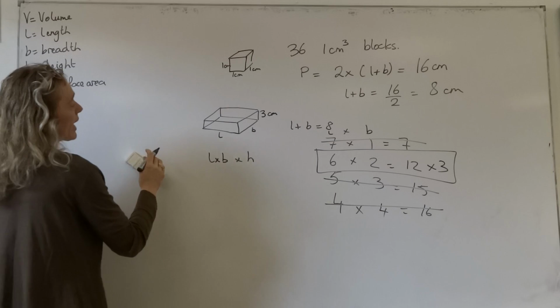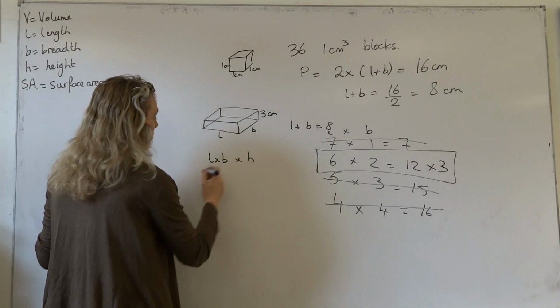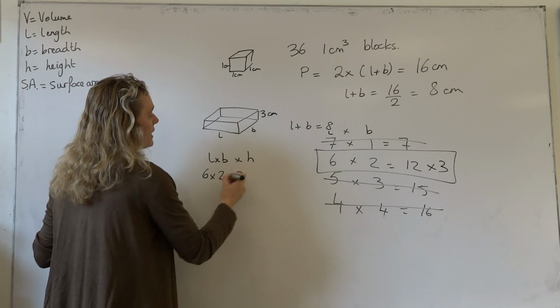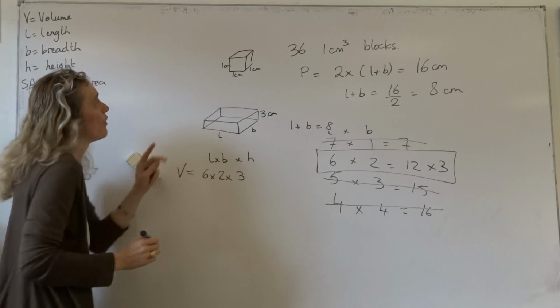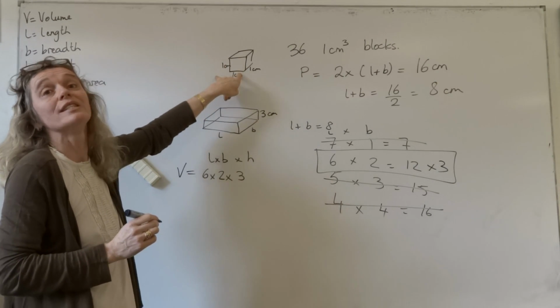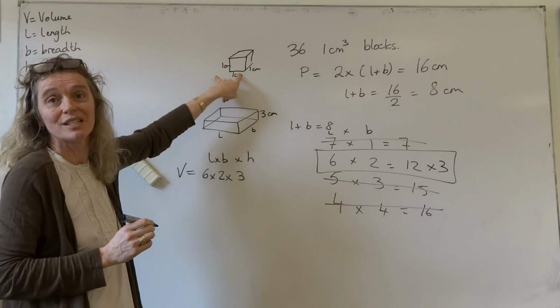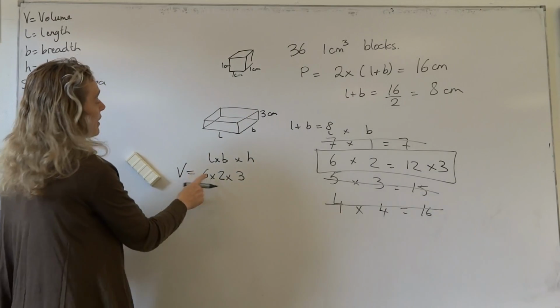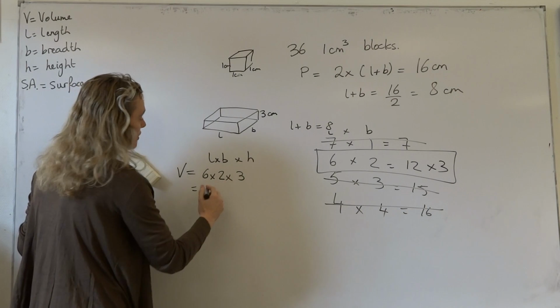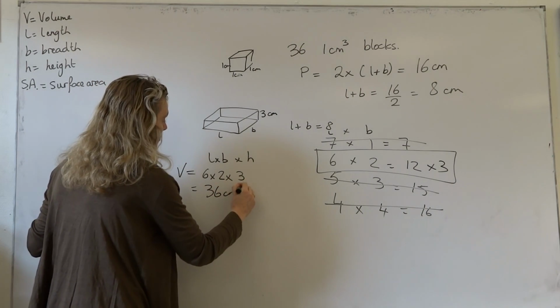Let's do a little check. So now I'm saying that my length is 6, my breadth is 2, and my height is 3. That should give me a volume. If each one of these has a volume of 1 centimeter cubed, 36 of them must have a volume of 36 centimeters cubed. Length times breadth times height. 6 times 2 is 12, times 3 is 36 centimeters cubed.